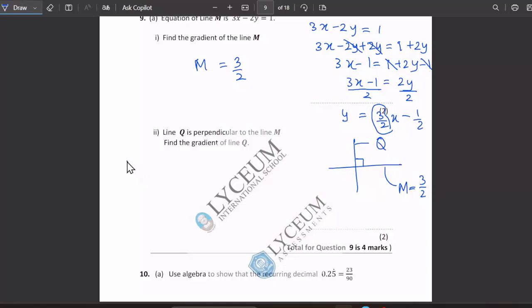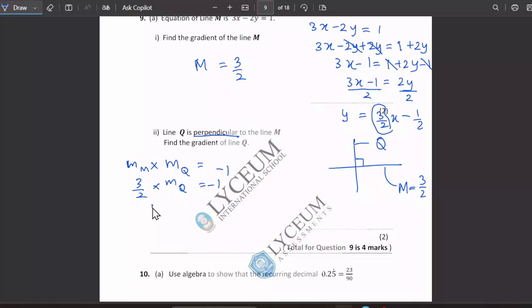So then we can say gradient of line M and gradient of line Q should be equal to minus 1 when multiplied, because these two are perpendicular. If two lines are perpendicular, we can say that those gradients when multiplied should be equal to minus 1.